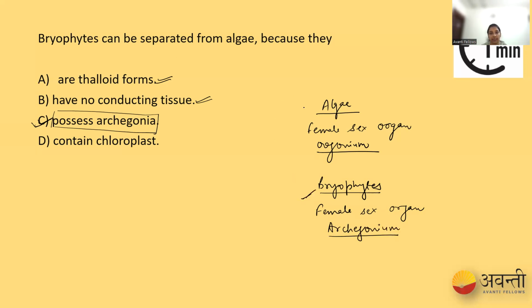So the correct option is option number C. These says they contain chloroplast. Bryophytes and algae, they perform photosynthesis. They do have chloroplast. So the correct option is option number C.